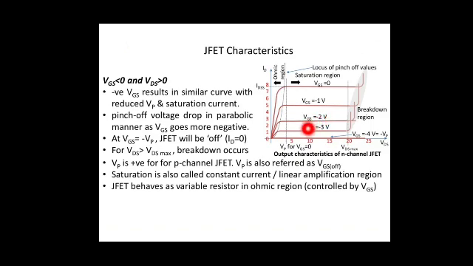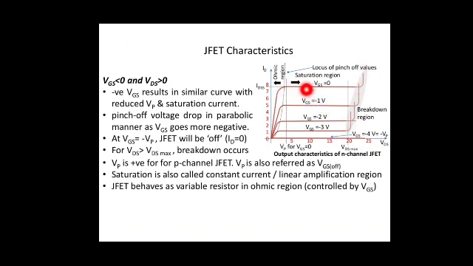Now, as I said before also, there is a limit for the VDS. You cannot apply any amount of VDS voltage. If you cross that VDS range, it results in breakdown or damage of the device.